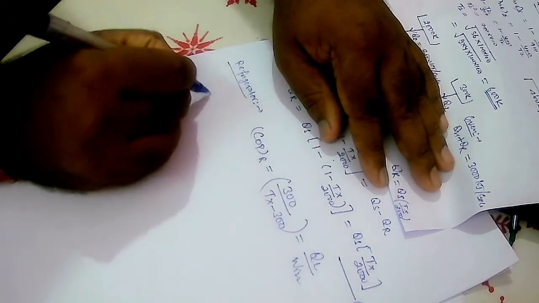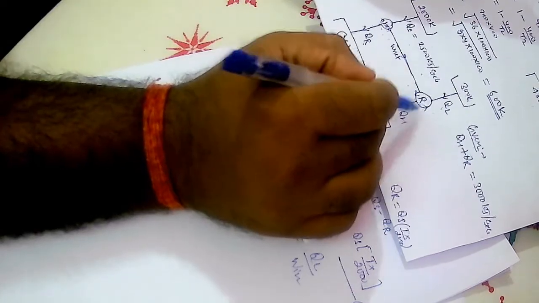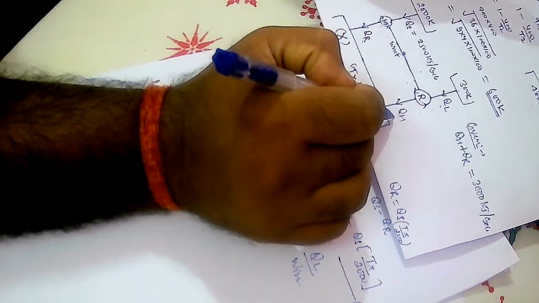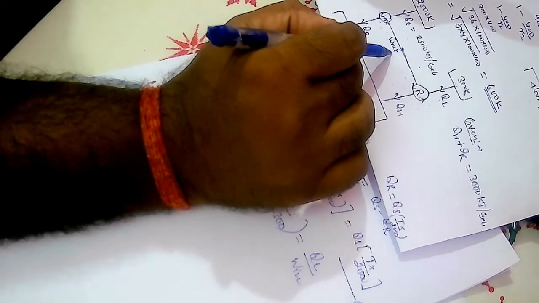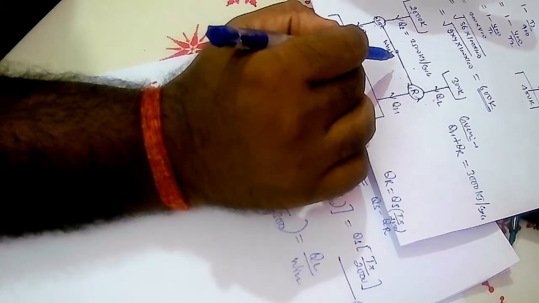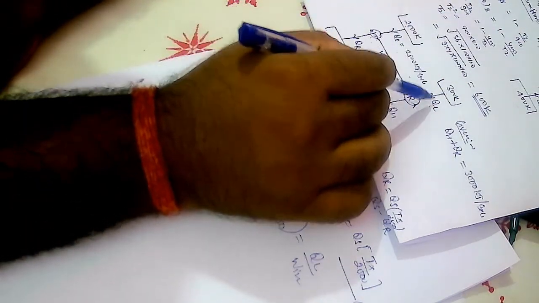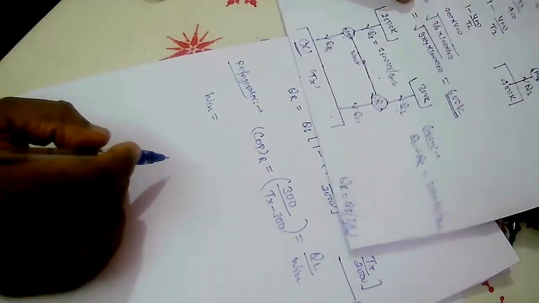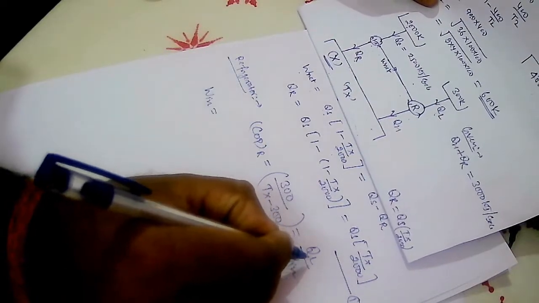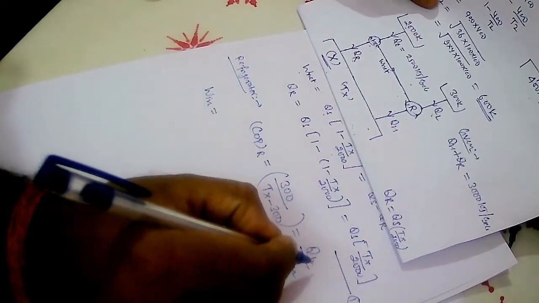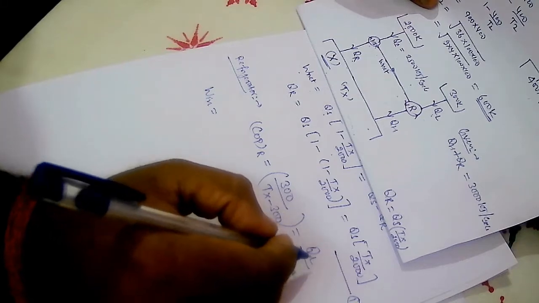As we know, if we apply the steady flow energy equation here, we can write QL plus W input is equal to QH. So QL is equal to QH minus W input, right? Now just substitute in place of QL.